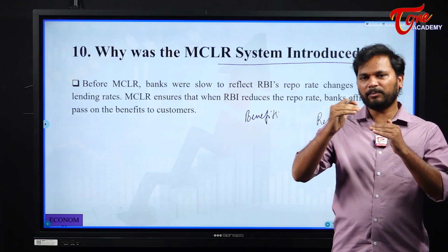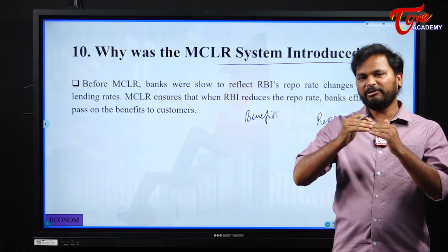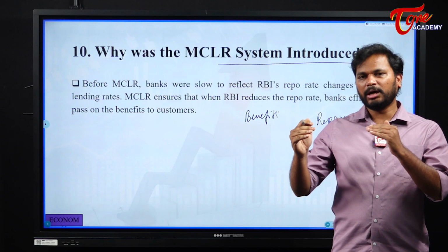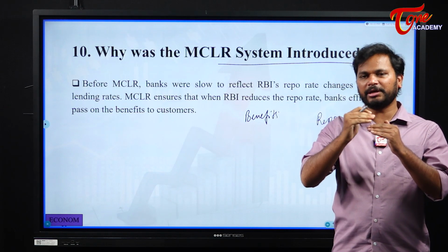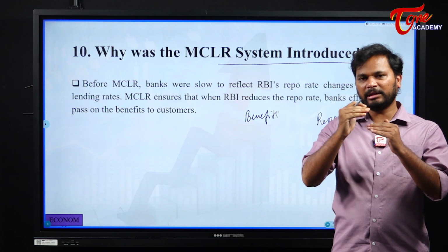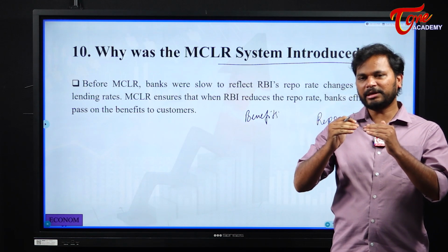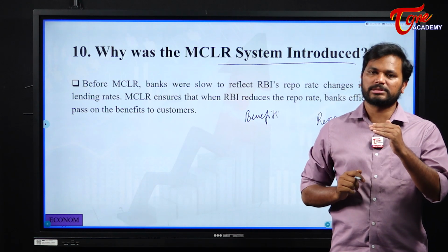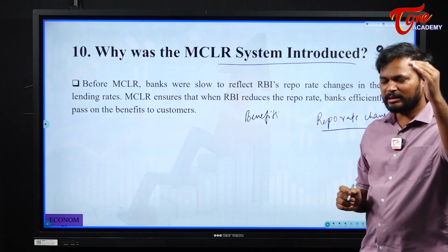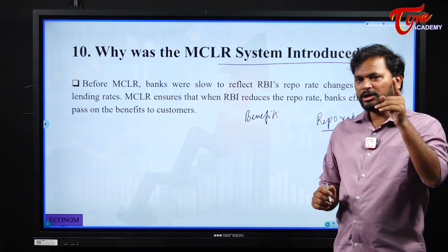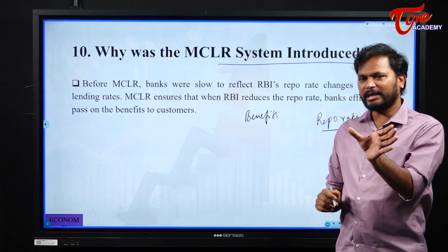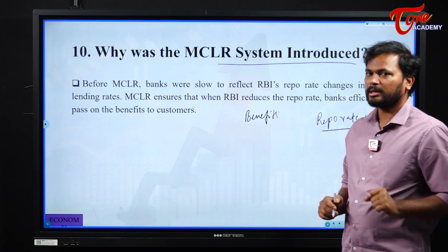When the banks are lending that money to customers, the changed interest rate between the RBI and the banks should also change the interest rate that the banks give to their customers. So every change in the repo rate between the RBI and the bank should be reflected between the banks and the customers.